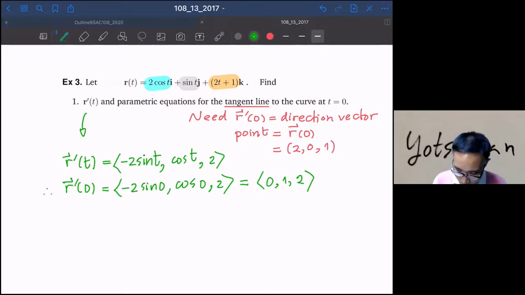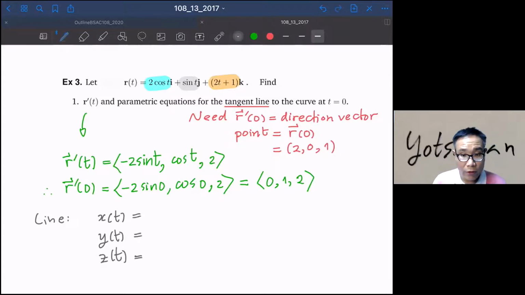And you have r'(0) equal to 0, 1, 2. So in this case, the line that we are looking for has x, y, z, so it's going to be x(t), y(t), and z(t) in order to be the parametric equation.